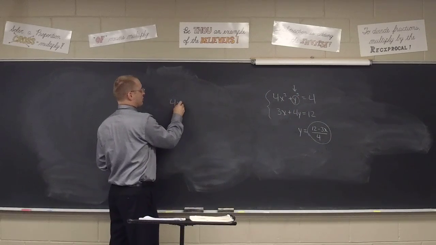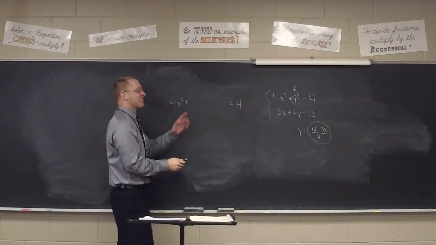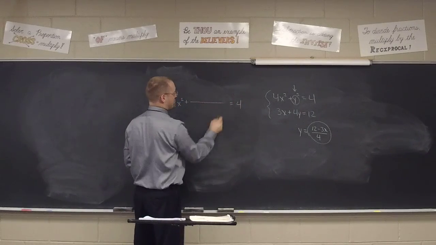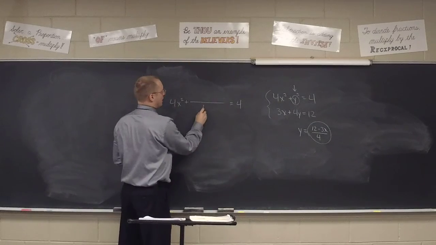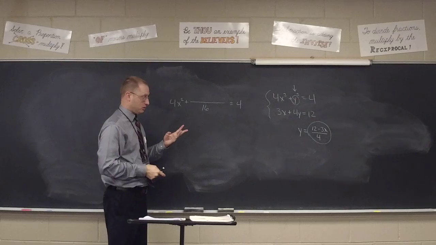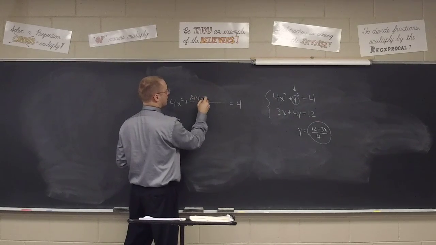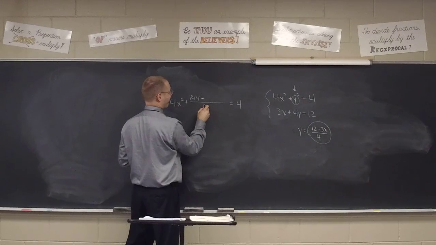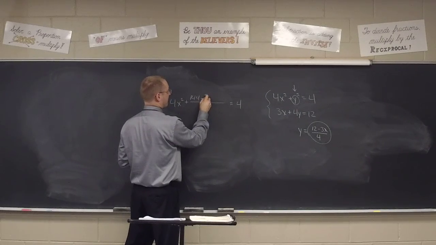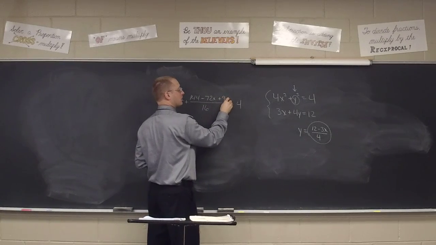So I get 4x squared plus ugly is equal to 4. Now when I square the ugly, let's start with the easy part. Let's square the bottom. And then when we square the top, we got to square the first, square the last, multiply and double. 144, minus 72x, and then 9x squared.